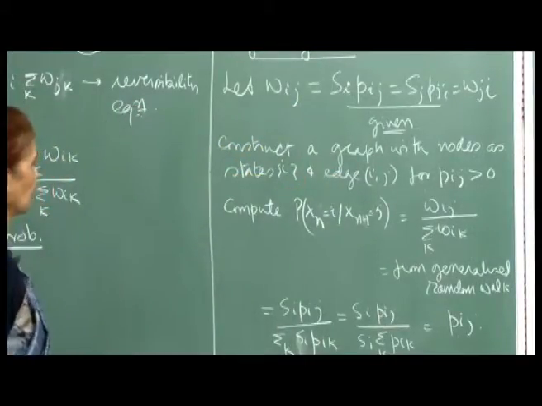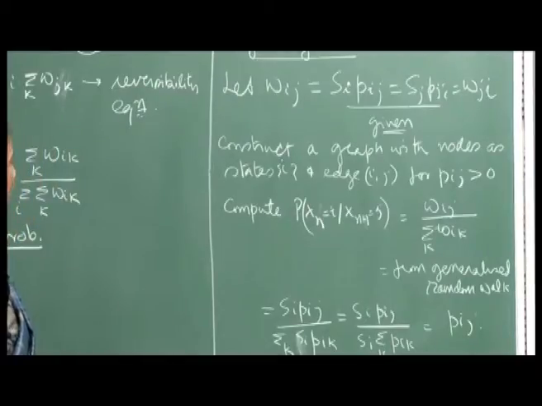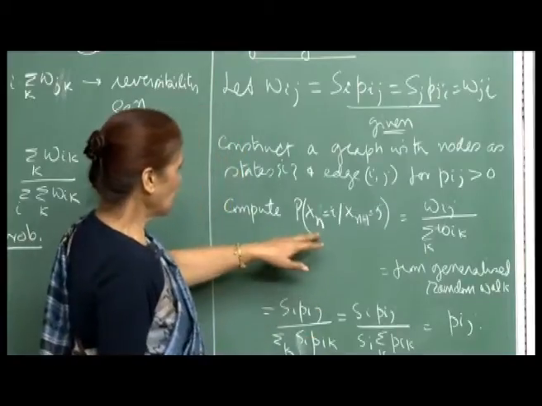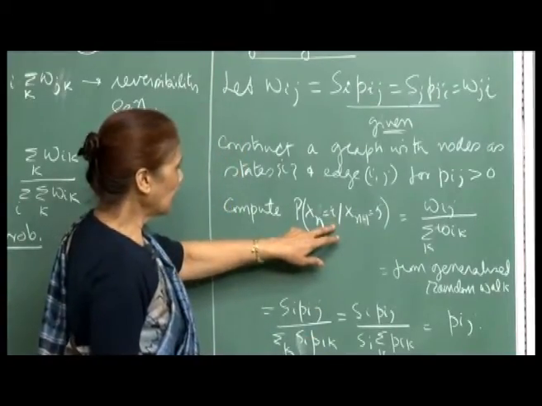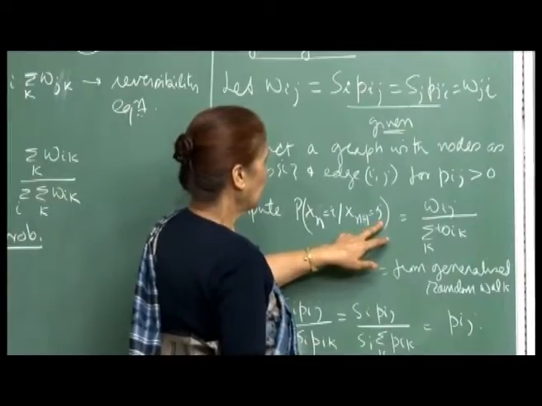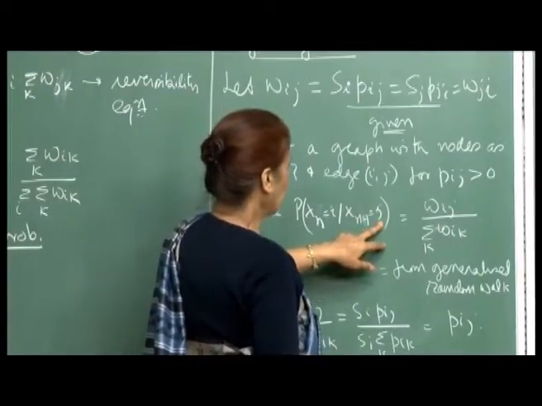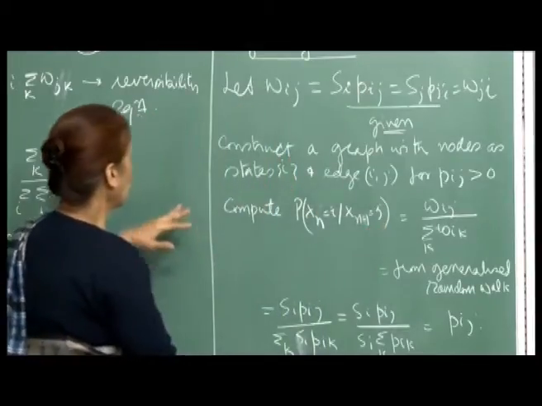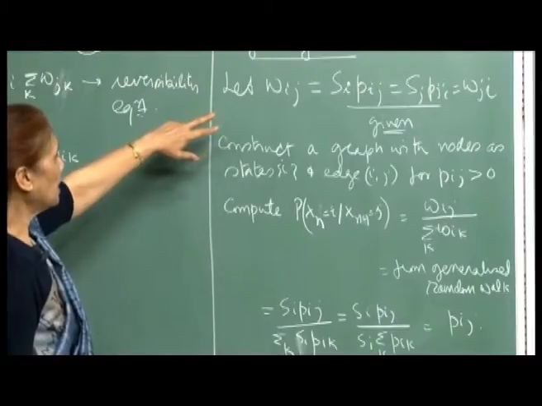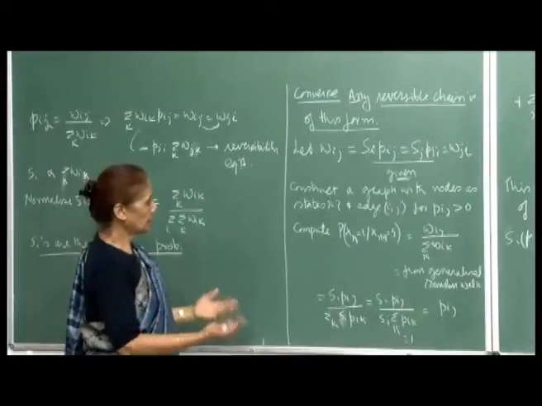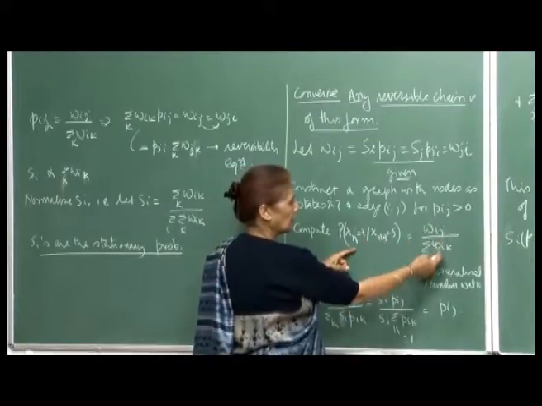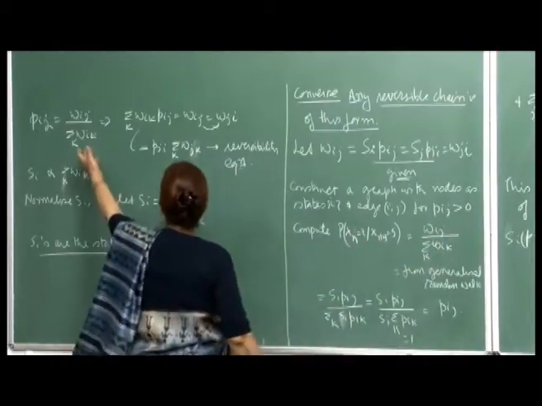Now, you want to compute the transition probabilities, which we will show can be done in terms of the Wij's. So, you want to compute the probability that X_n is i given that X_{n-1} is j. Because I am constructing an undirected graph and associating weights Wij, remember from the generalized random walk, this transition probability we defined as Wij upon sigma over k of Wik, exactly this here.